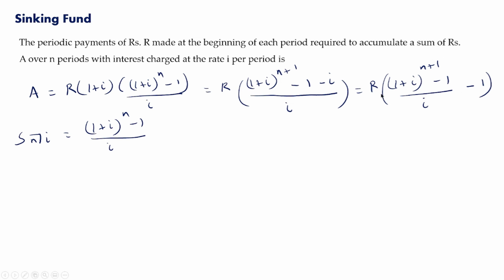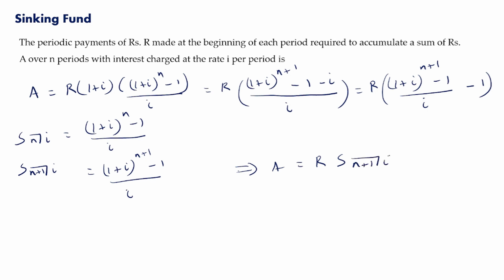Now we can see that this is nothing but S(n+1, i), that is the future value annuity factor for n+1 periods and i rate per period, which is [(1+i)^(n+1) − 1]/i. So this implies A = R into [S(n+1, i) − 1].